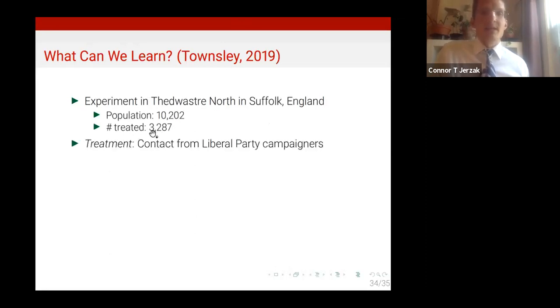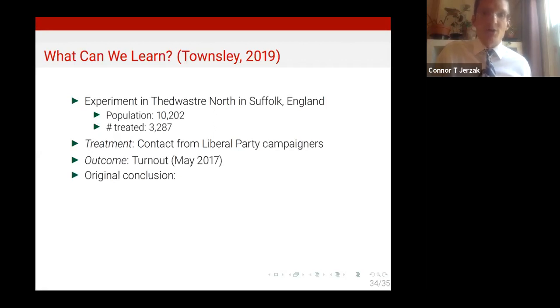The treatment consisted of contact from Liberal Party campaigners, so this was a partisan turnout experiment. The contact was attempting to convince people in this study to vote for the Liberal Party in this election. And the outcome of interest is an administrative record of turnout in the May 2017 election.